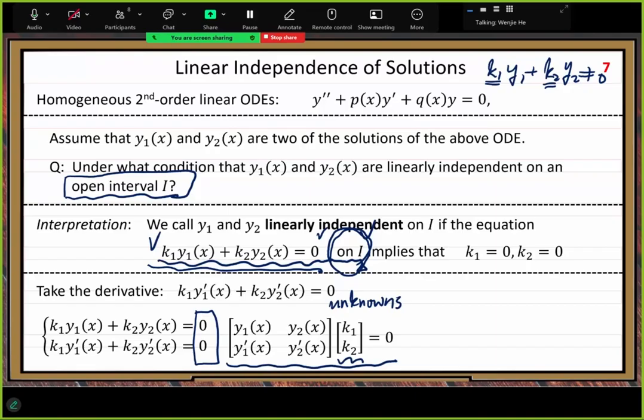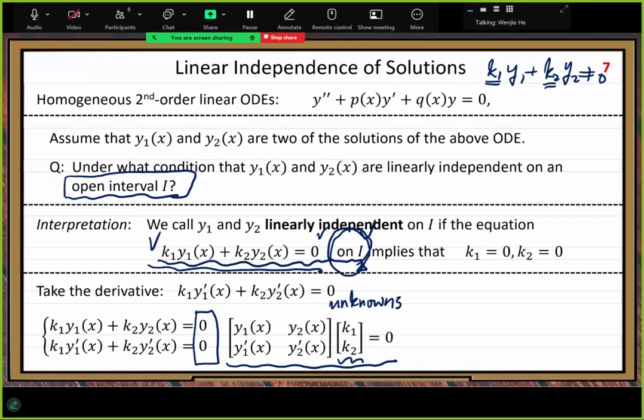Under the current situation, we have a 2 by 2 homogeneous linear system with a 2 by 2 coefficient matrix.